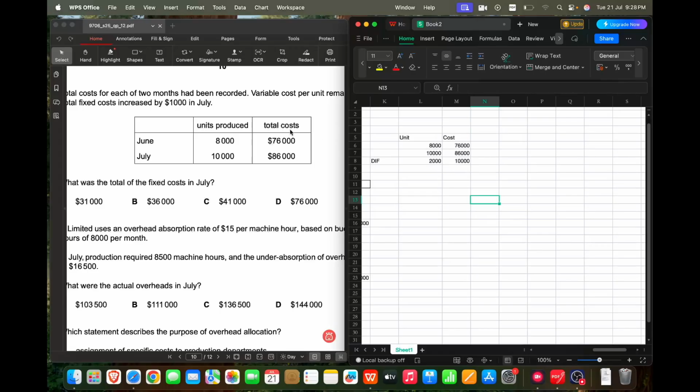But one condition that they have mentioned is the fixed cost is increasing in July. So this extra cost that I'm paying also includes this 1,000 of fixed cost, which is increasing compared to last month. So if I remove this 1,000, then the remaining amount is 9,000.